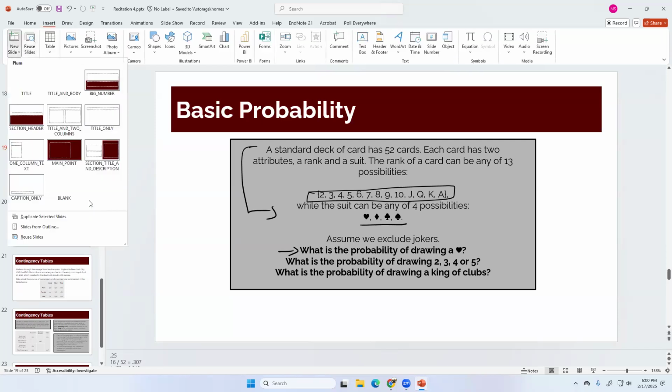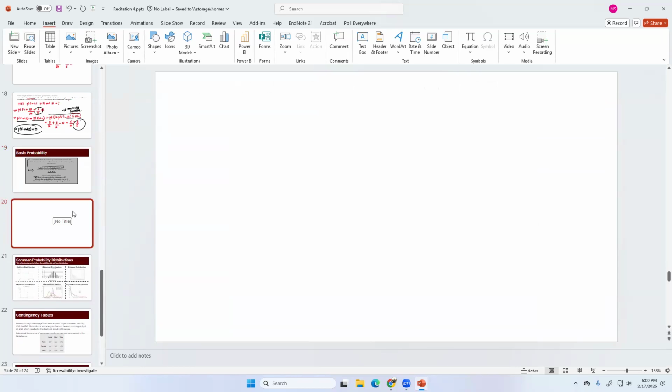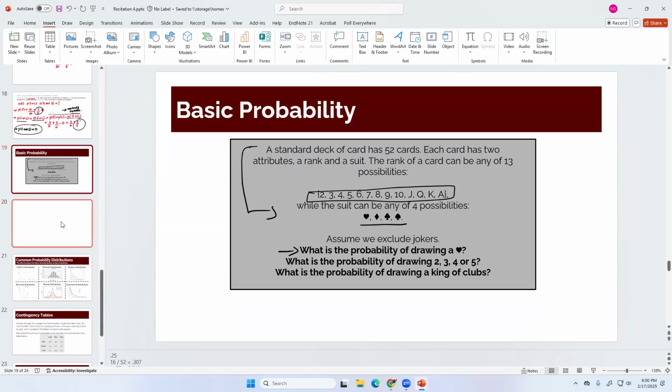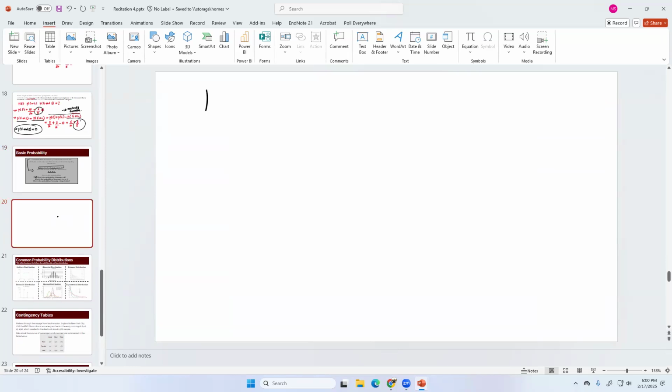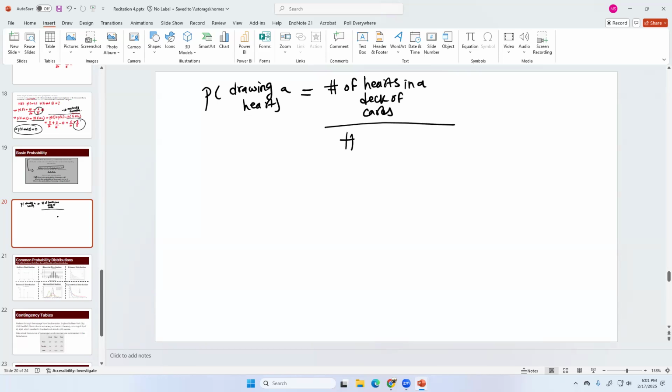What is the first one? Probability of drawing a heart. Okay, drawing a heart. So what would be the general formula? The number of hearts in a deck of cards, divided by the total number of cards. So how many hearts are in a deck of cards?